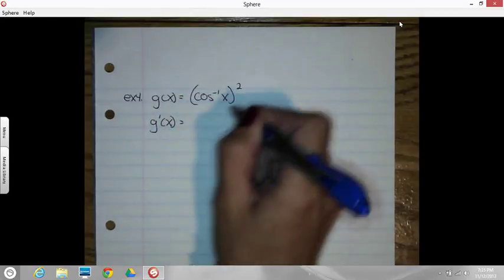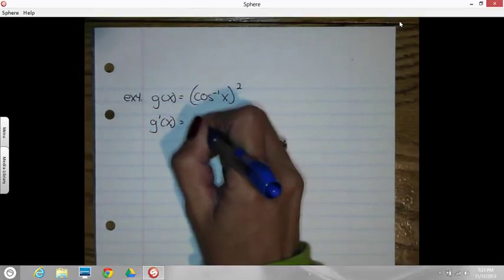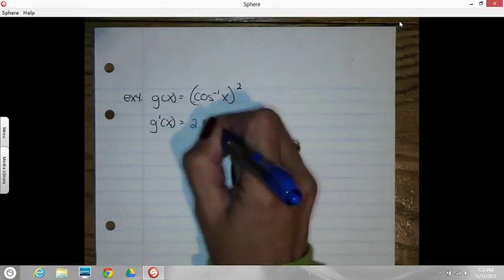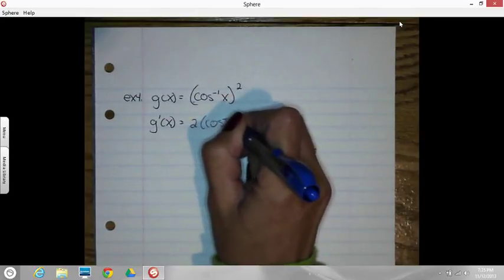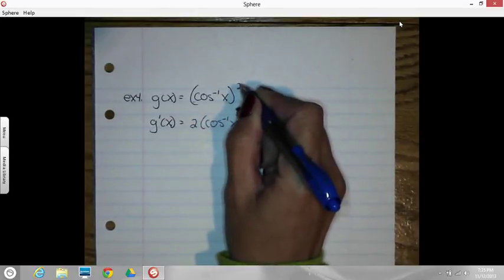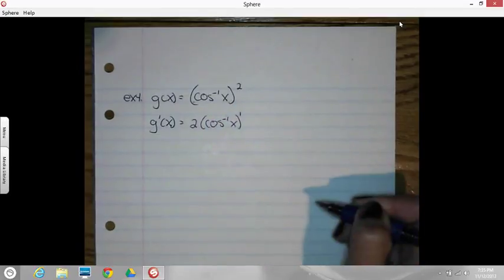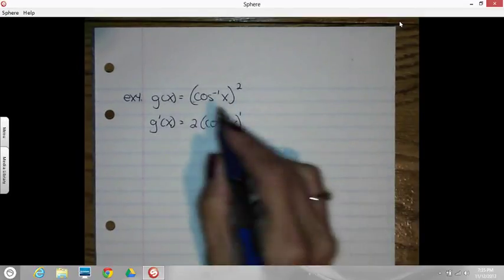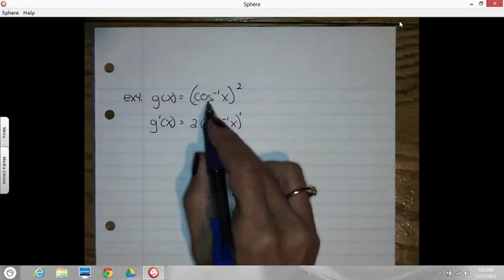So chain rule first. 2 comes down times the inside to the 1 less power. That'll be to the first. So I really don't even need the parentheses anymore. Now times the inside derivative, that's an inverse cosine.